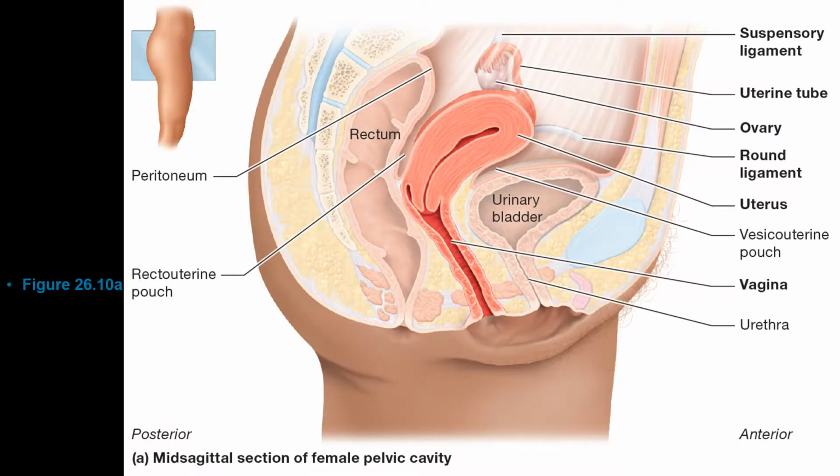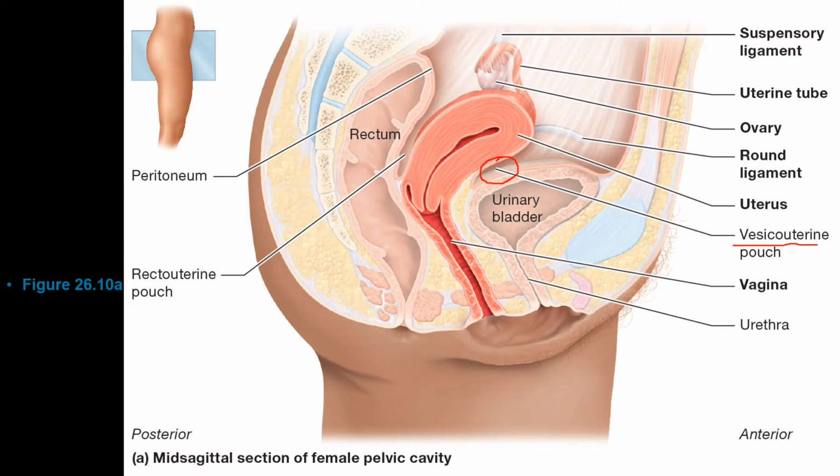So if we look, we see this image, and we see all these organs that I've discussed. The vagina, we see the uterus, we see the ovary, the uterine tubes, and some suspensory ligaments and round ligaments all holding these organs in place. Now, if we look here, we see this peritoneal pouch created as the peritoneum dips down in front of the uterus between it and the bladder, and that is the vesico-uterine pouch.